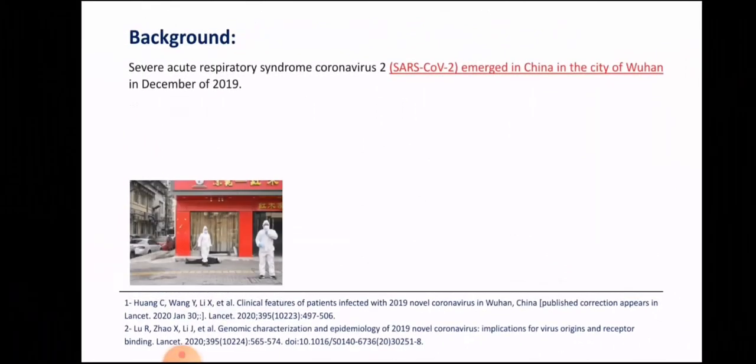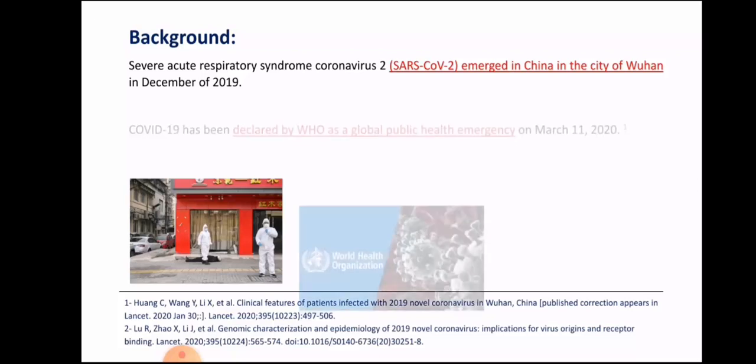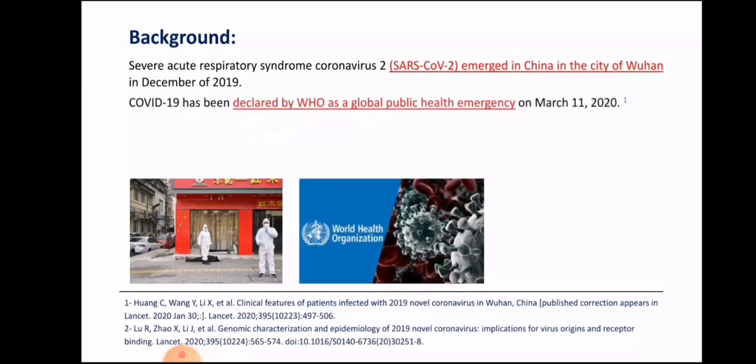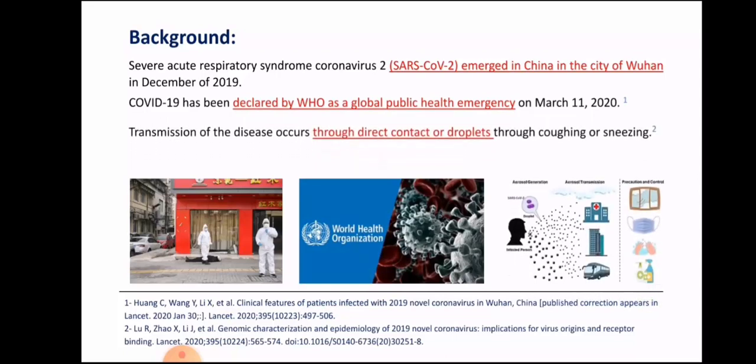Background: severe acute respiratory syndrome, which is called SARS-CoV-2, has emerged in China in Wuhan City in 2019. Then, WHO has declared this disease as a global pandemic. The disease is transmitted mainly through droplet infection by coughing or sneezing.